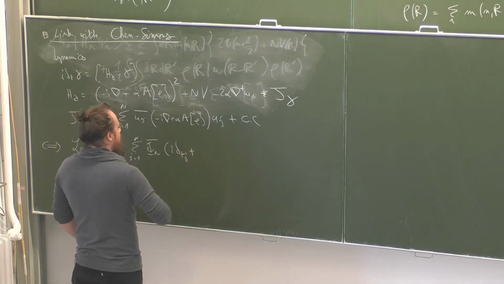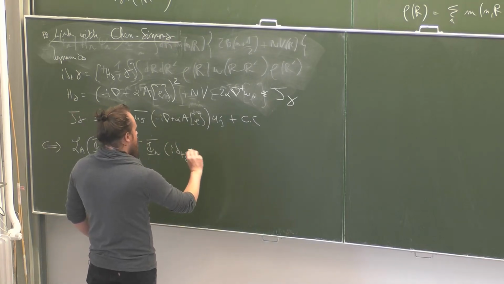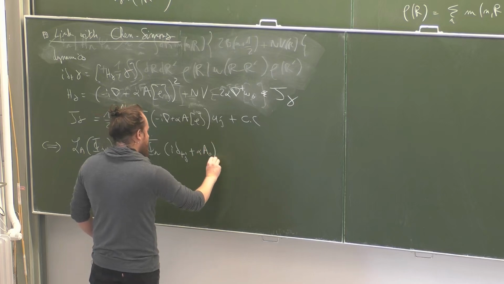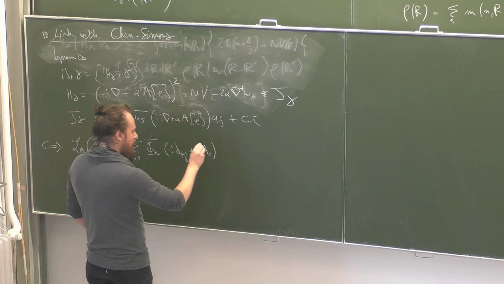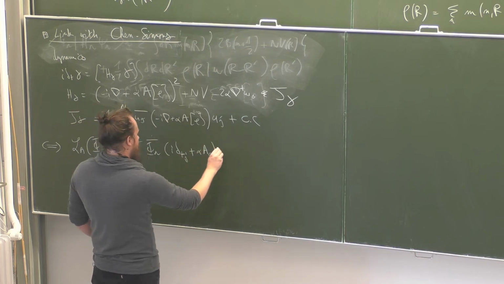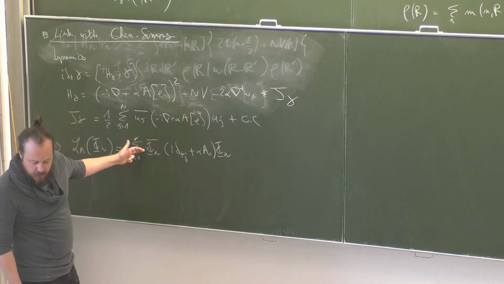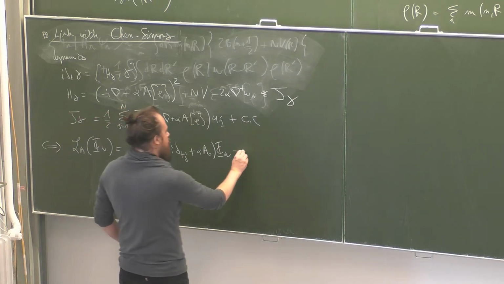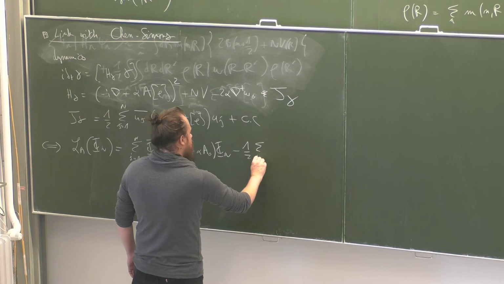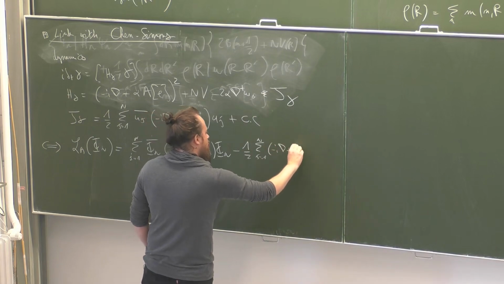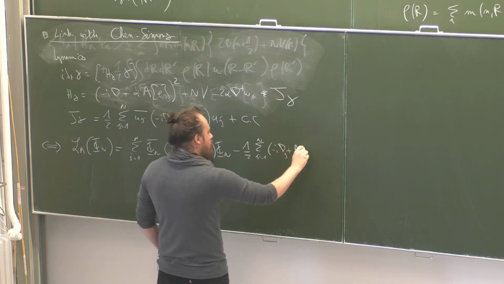And then I'm going to add something, don't make fun of me, A_0 is 0 at first, but I need it anyway. Phi n, that's the time component of the Lagrangian. Then I have the space one, which is just sum 1 to n of minus i nabla_j plus A.